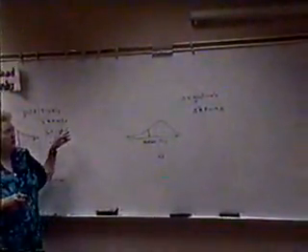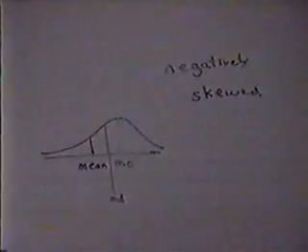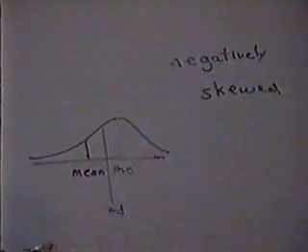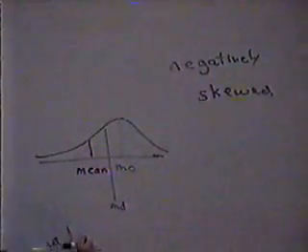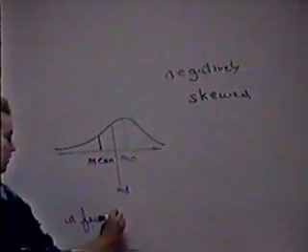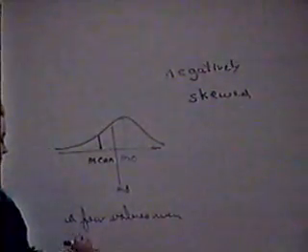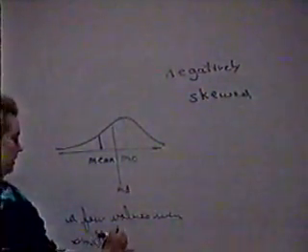Notice always the hump. Negatively skewed. A few values or a few numbers were smaller than the rest.